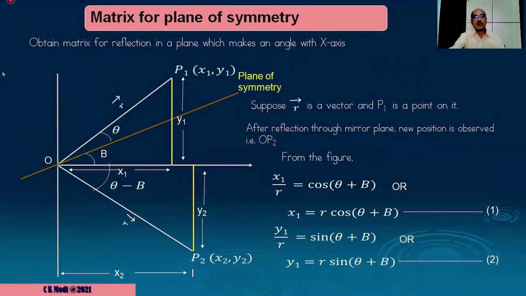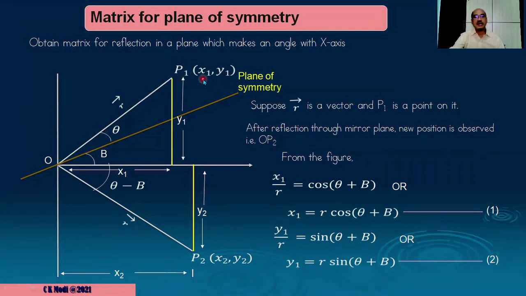Now, lastly, the matrix for the sigma plane of symmetry. How do we derive the matrix for a plane of symmetry or mirror plane? Assume that this is my point P1 with its initial coordinates x1 and y1, and the line joining it to the origin is called vector r.